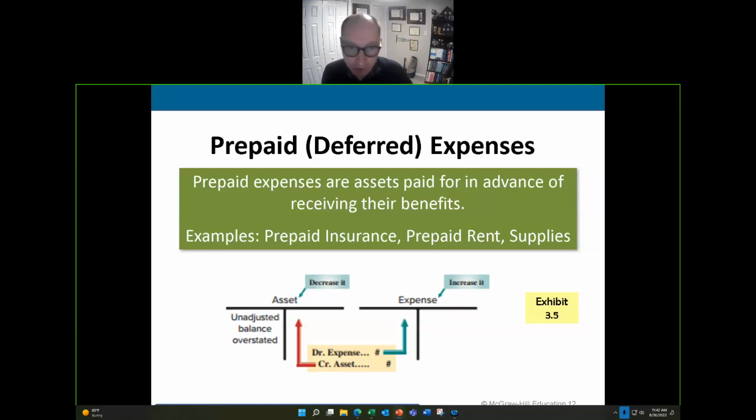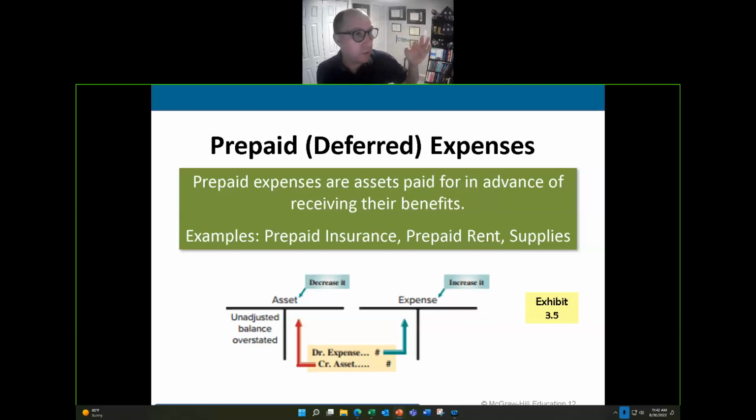A couple of examples of this: prepaid insurance, prepaid rent, prepaid supplies, prepaid taxes sometimes. There are a lot of different ones, but to make it easy, let's talk about prepaid insurance.